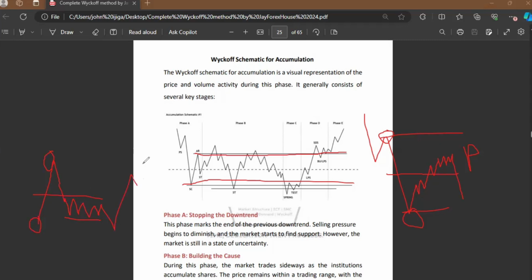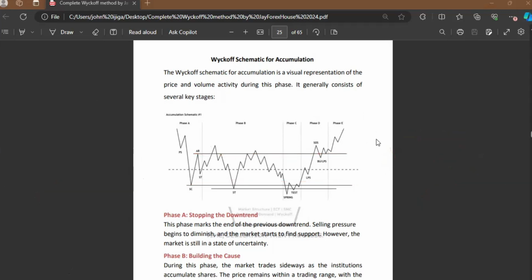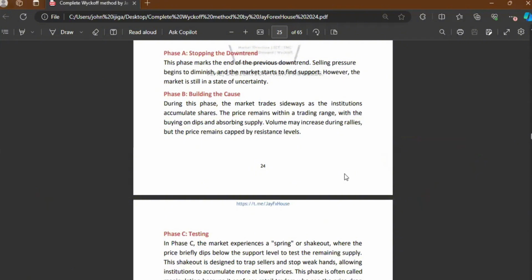for price to go higher. So when you're looking for an accumulation, it's mainly supposed to be within the discount of the range. This is one of the key points. I think I mentioned it in the ebook, but if I didn't, you have it now.